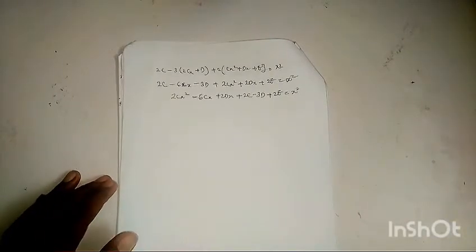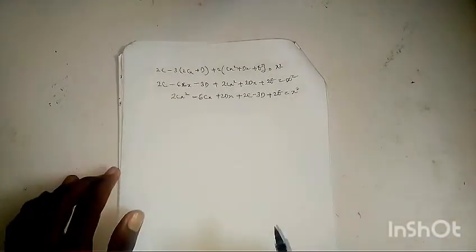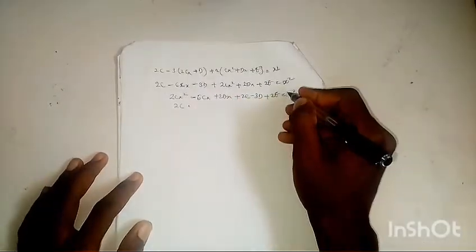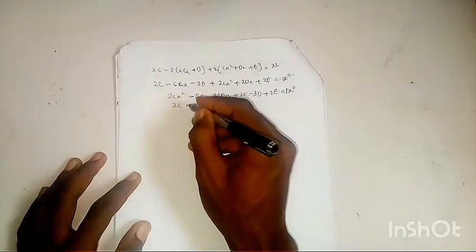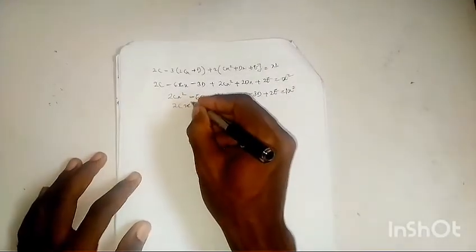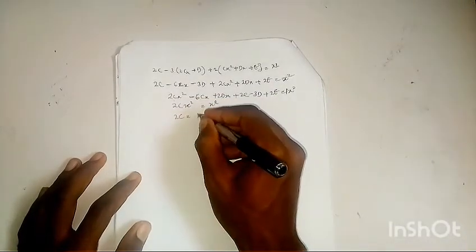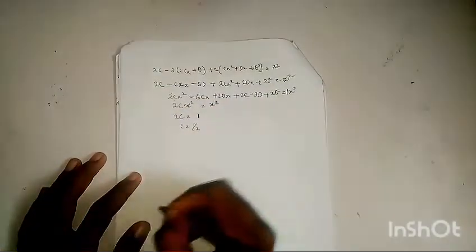So now we compare coefficients. This is 2c compared to 1, because 1 here is the coefficient of x squared. We are comparing the two coefficients: 2c is equal to 1, so c is equal to 1 over 2, right?